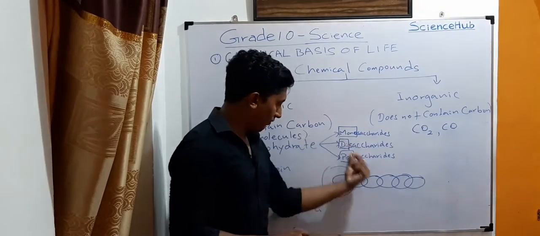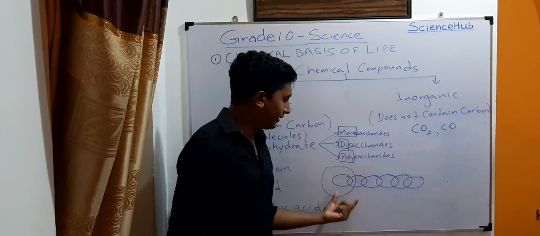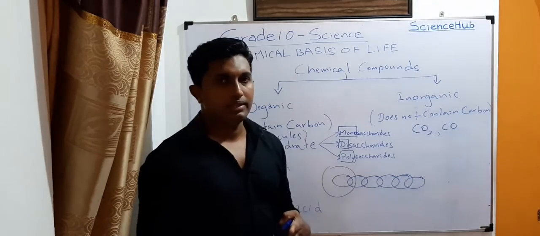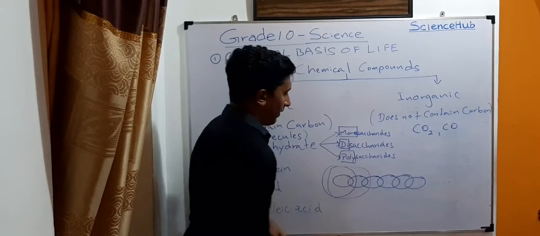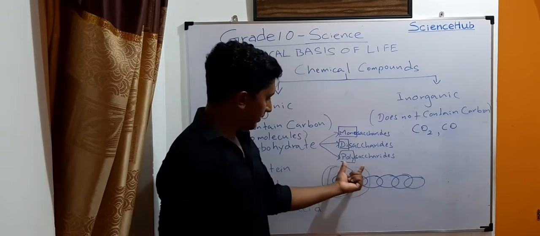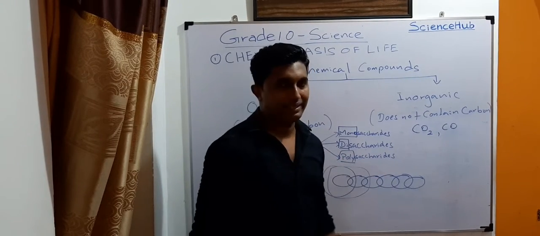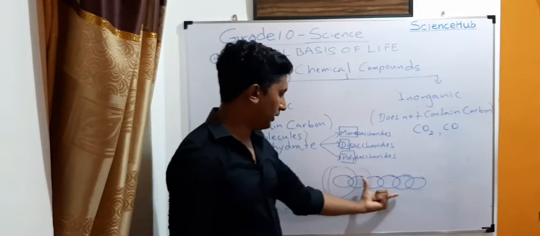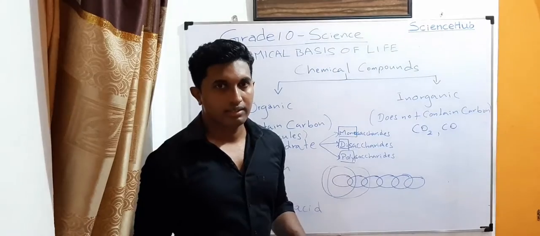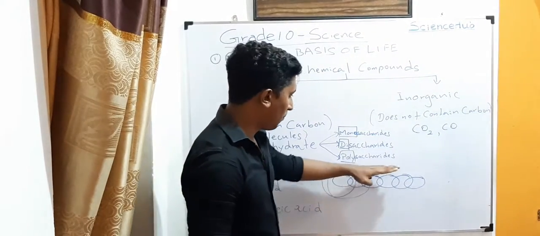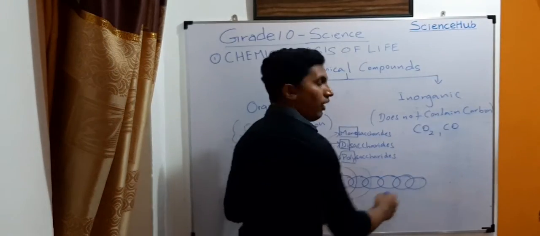Disaccharides can be produced by the combination of two monosaccharides like this. And polysaccharides mean more than two units. It has a long chain.